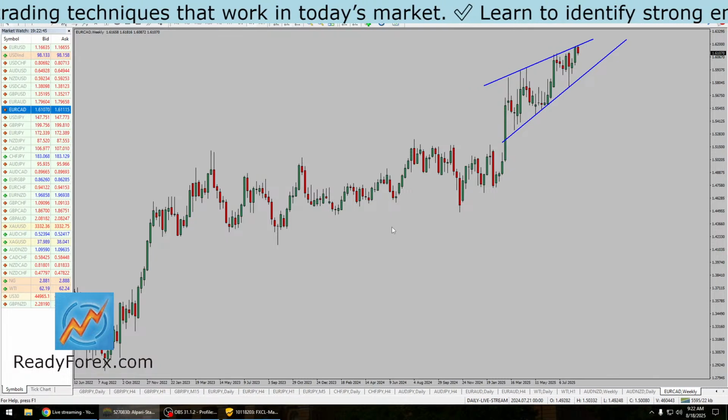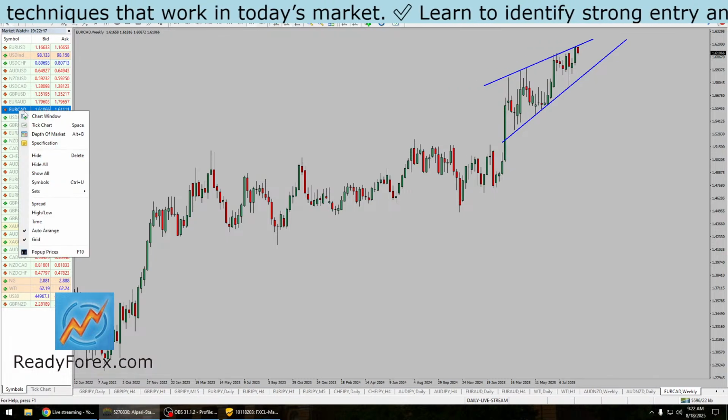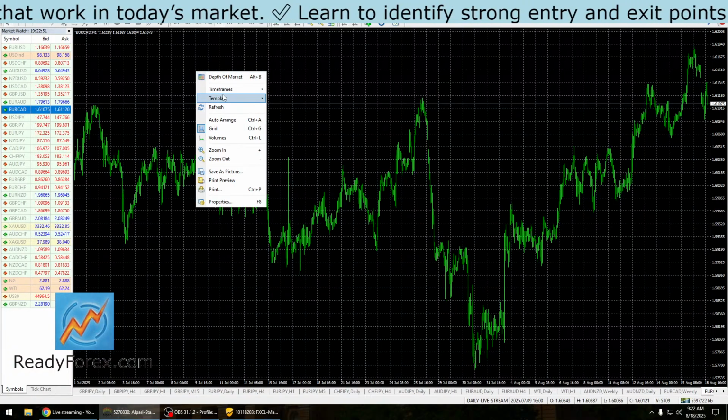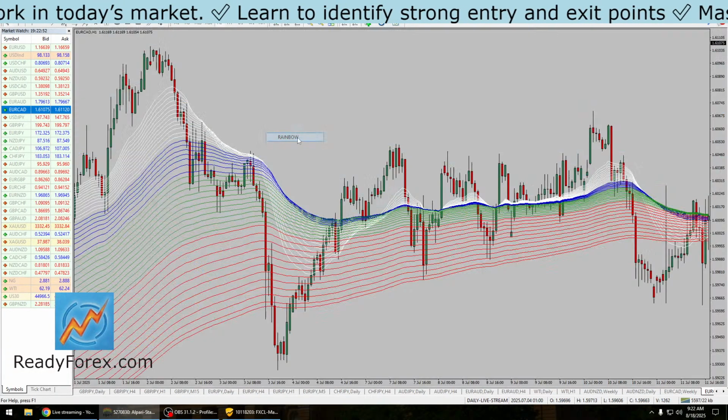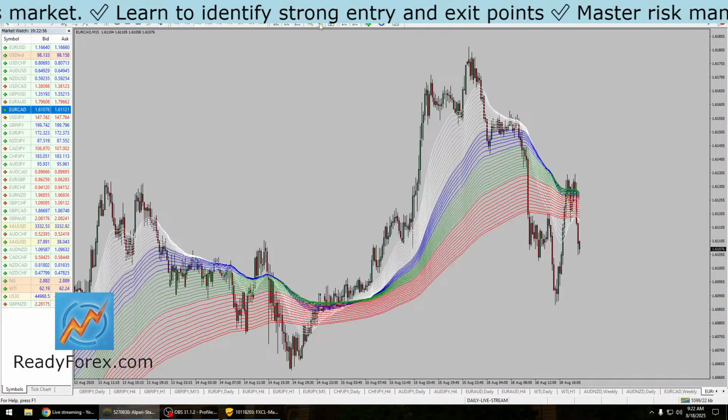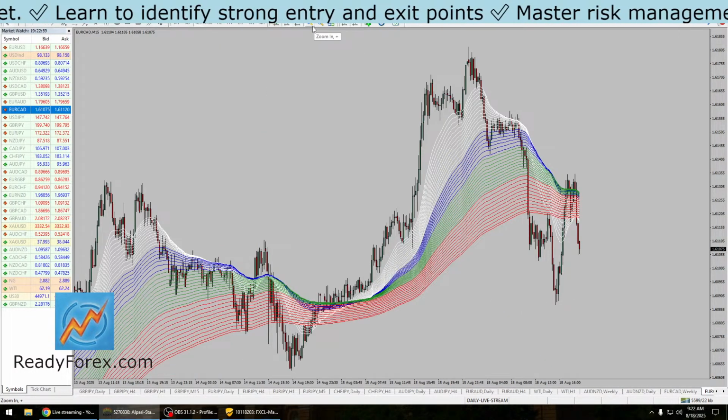Okay, and let me open up a new chart, and let's check it. The rainbow. Go over to a 15 minutes time frame. Rainbow is actually turning around.